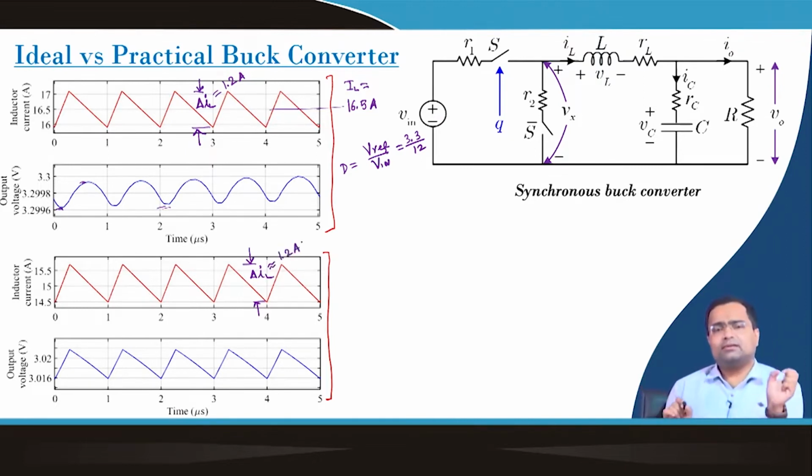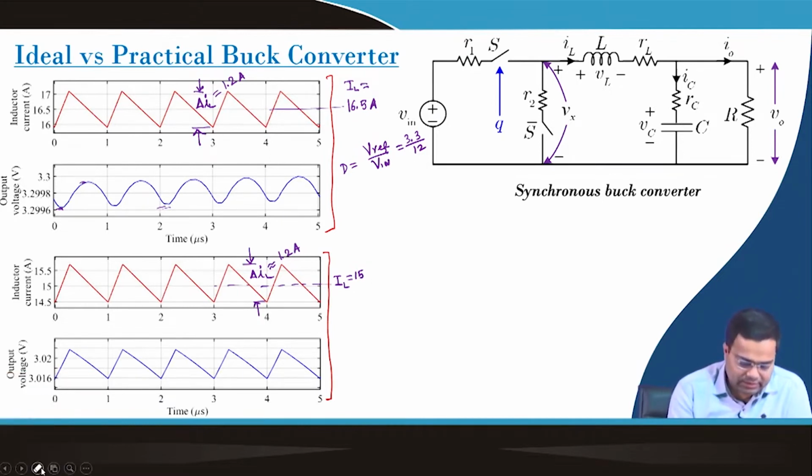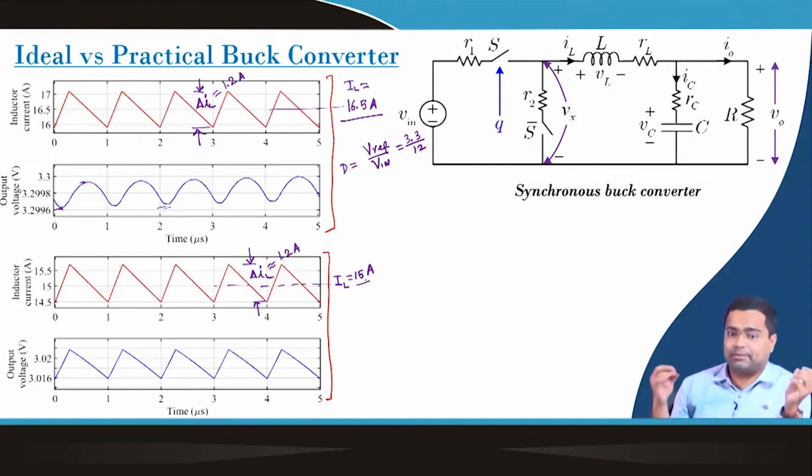That means we do not find much difference in ripple current between these two waveforms. But what about the average inductor current? It became 15 ampere, whereas it was earlier 16.5. So there is a reduction of 1.5 ampere.